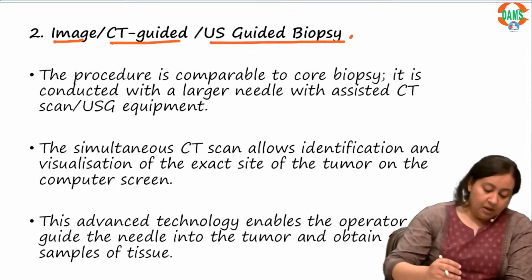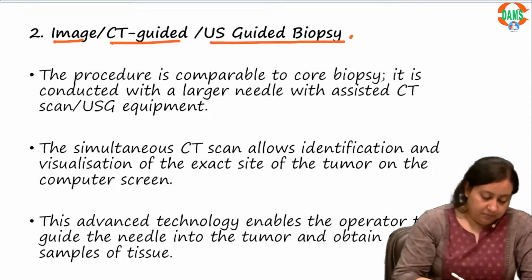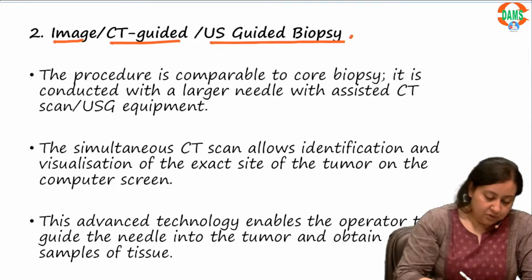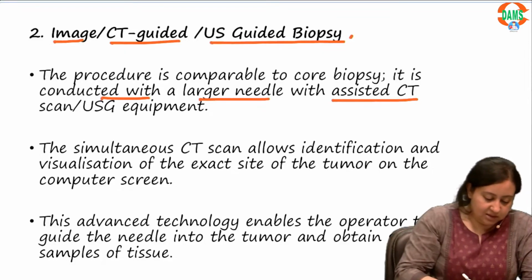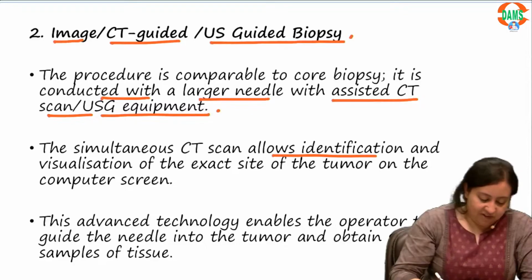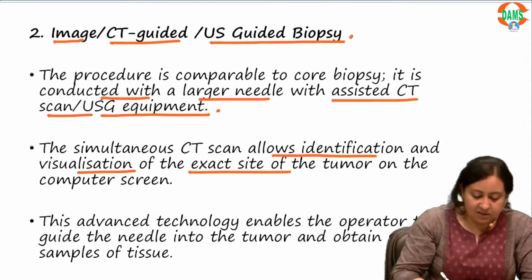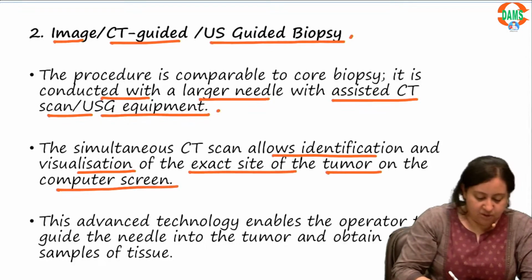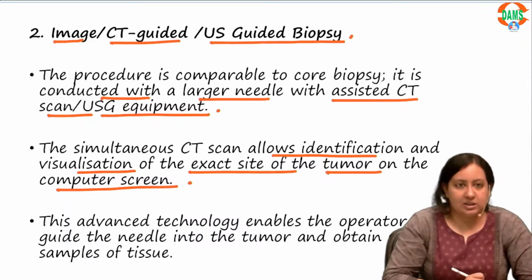This is conducted with a larger needle with assisted CT scan or USG equipment, like I told you. The simultaneous scan allows identification and visualization of the exact site of the tumor on the computer screen. This also I just now explained.